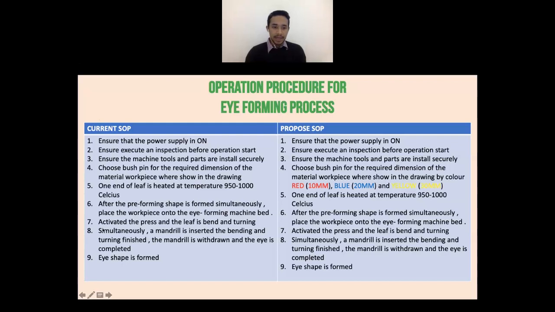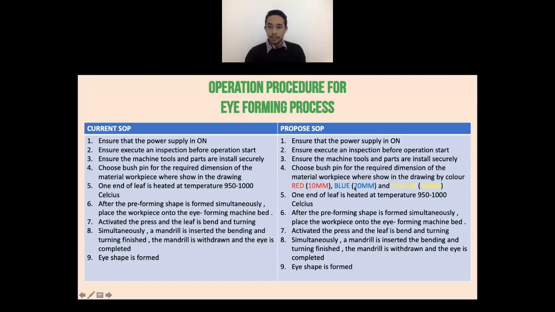So they have 9 steps, but for the proposed SOP, I just focus at step number 4, because in step number 4 you choose the bush pin for the required dimension of the material workpiece shown in the drawing by color.